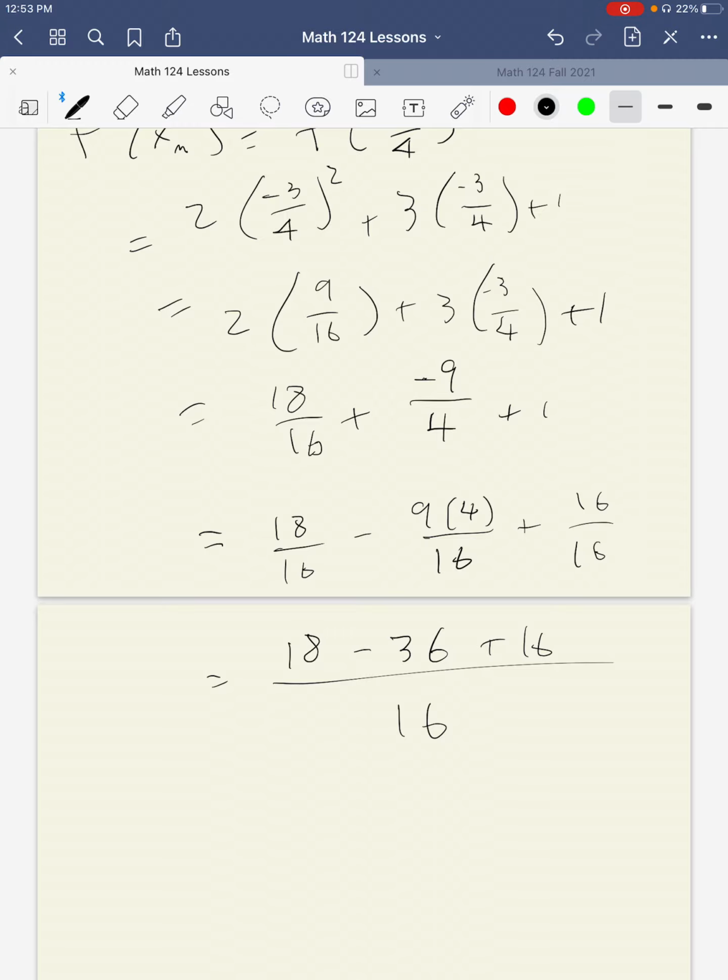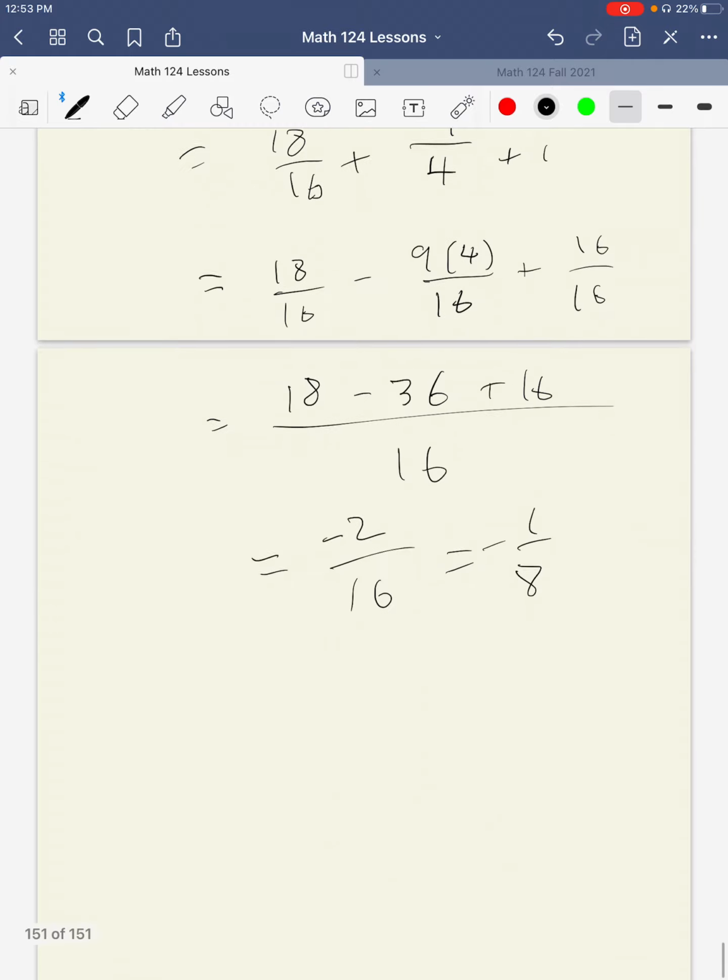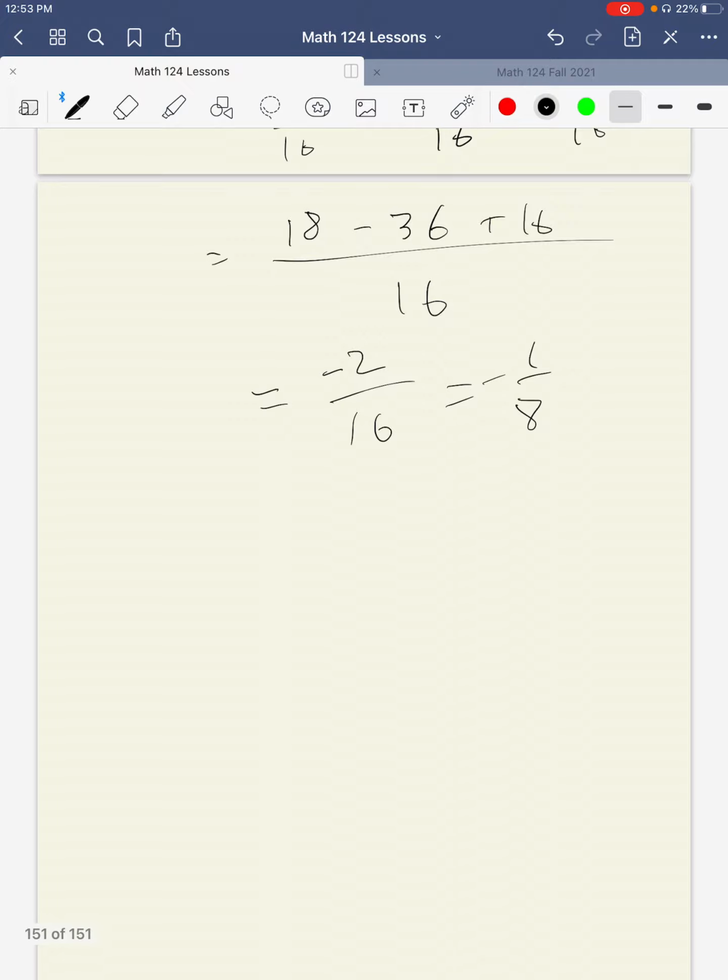Okay. So let's see, what is that? 18 minus 36 plus 16 is negative 2 over 16, or negative 1/8. Okay, so if we were to look at the graph of this, we would have negative 3 over 4 as our x value, negative 1/8 as the minimum value.